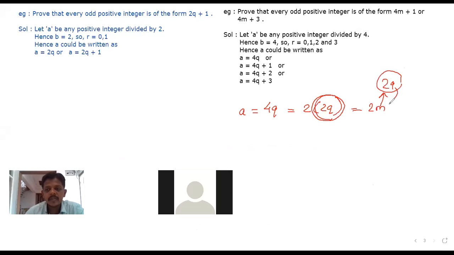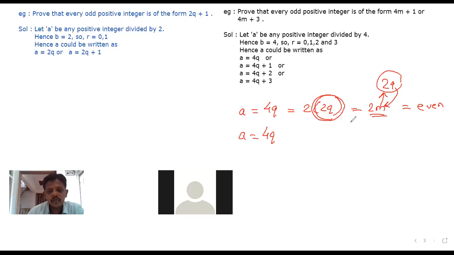The value of 2q we have considered as m. 2 into q, the quotient q is some integer, and an integer into 2 is another integer. So 2 into q is m, where m is some integer, and 2m is always going to be even. It is a multiple of 2.